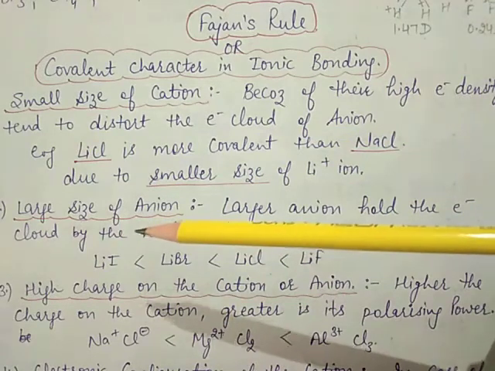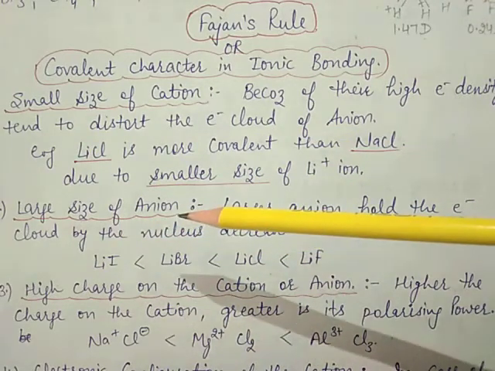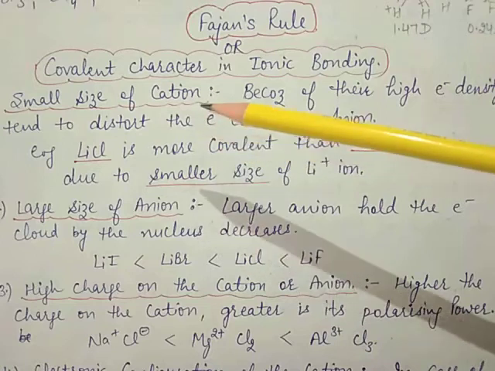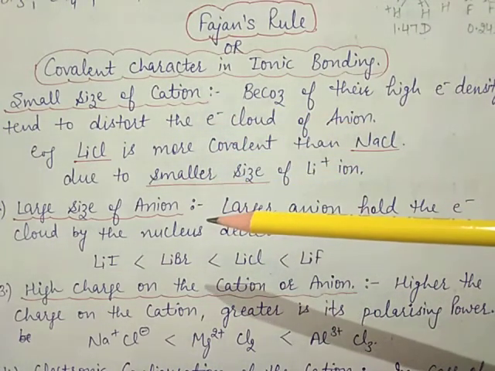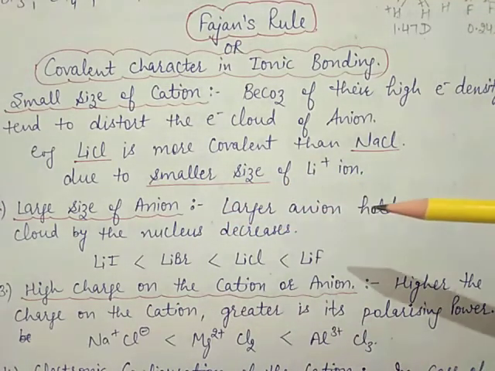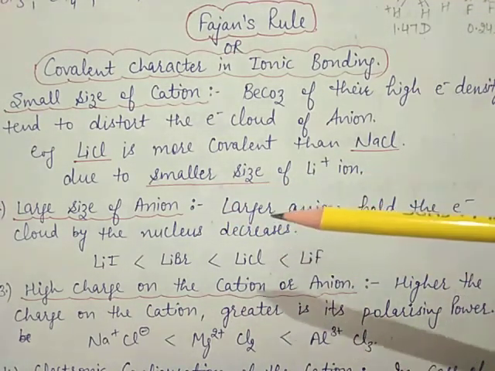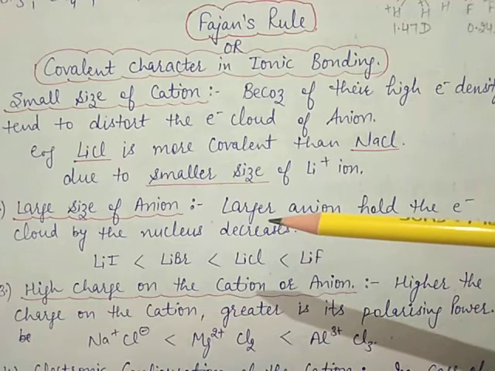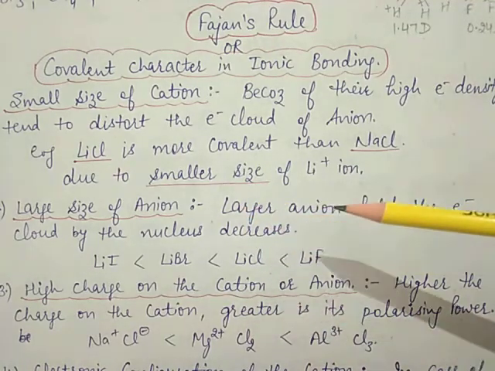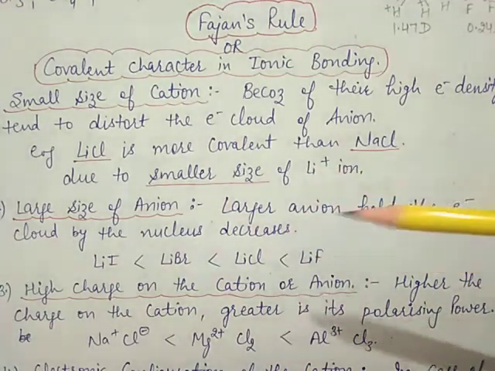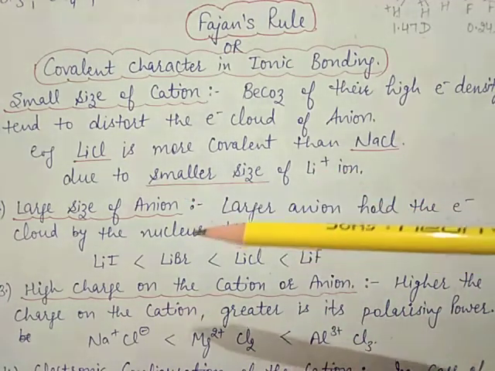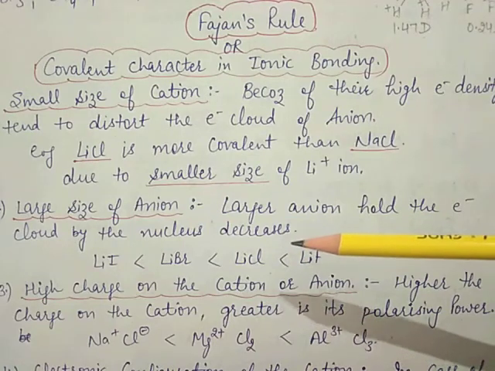Second is the large size of the anion. Means the size of the cation should be small but the size of the anion should be large. So larger the anion, greater is its polarizability. Because in case of a large anion, the hold of the nucleus on the electron cloud decreases.